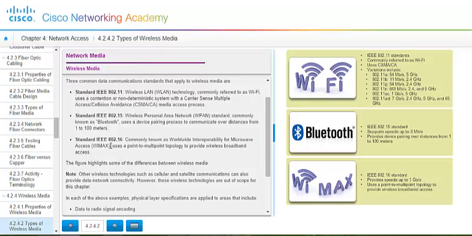And then you have IEEE 802.16, commonly known as the Worldwide Interoperability for Microwave Access, or WiMAX. The figure to your right shows the different logos that you would see and explains the distances and the speeds that they all represent.